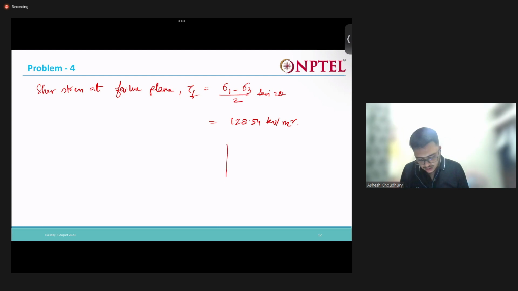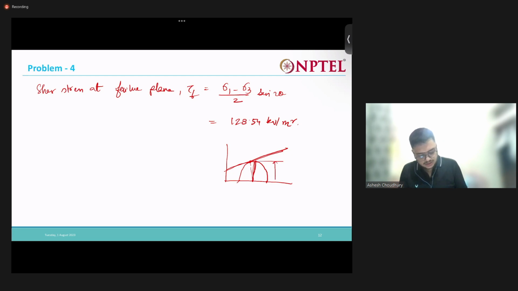If we recall the Mohr circle, say this is the Mohr circle and this is the failure envelope. This is the point of the failure plane, and the maximum shear stress is actually the topmost point of the circle, at the center. This is the plane of the maximum shear stress.